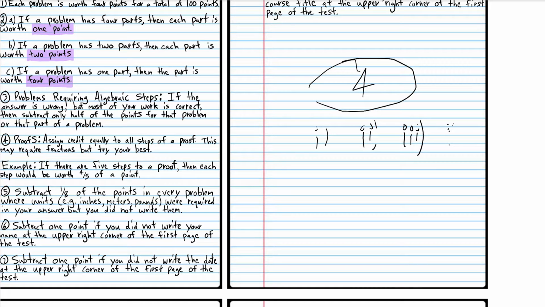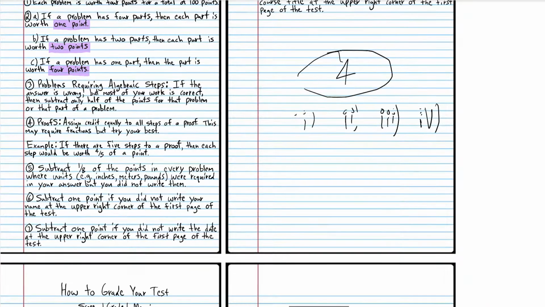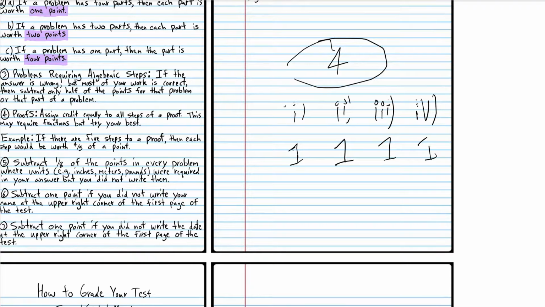So there's 4 parts, right? That means each part is worth 1 point. And if you forgot to write units for one of these parts of the problems, then you would subtract 1/8 of this point, which would just be 1/8 in this case.